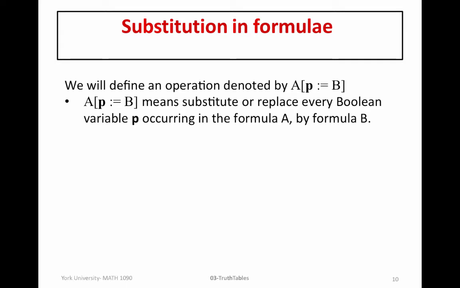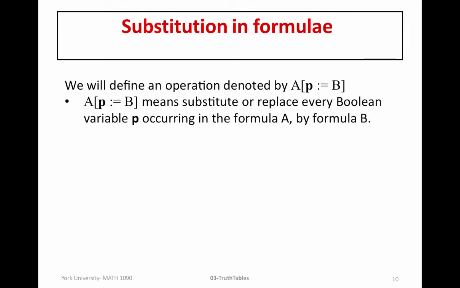Simply, this means that we want to substitute or replace every Boolean variable P occurring in the formula A by the formula B. So wherever we see the variable P within A, we just want to replace it with B. It's a very simple, intuitive thing to do, but in this introductory course on logic, we need to make things very formal in order to ensure that they don't provide contradictions or paradoxes.